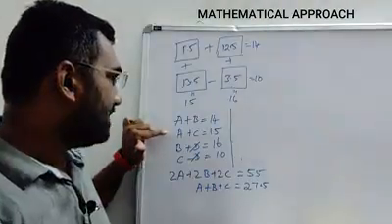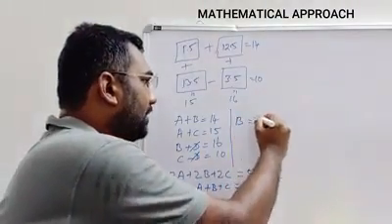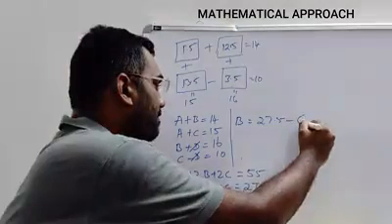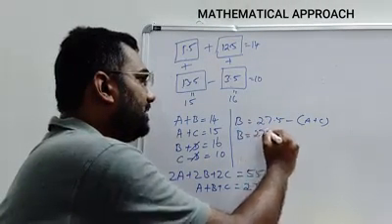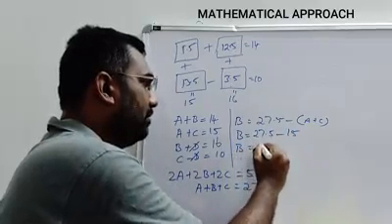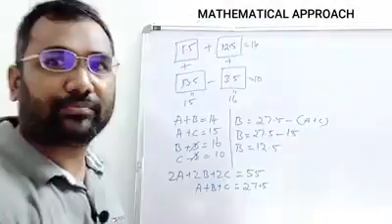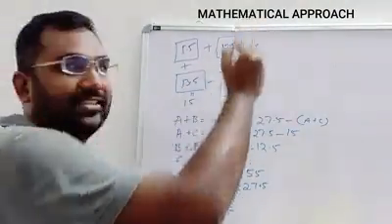Now we know A plus C is equal to 15. So B is equal to 27.5 minus (A plus C). So B is equal to 27.5 minus 15. So B equal to 12.5. B equal to 12.5 and we got that right.